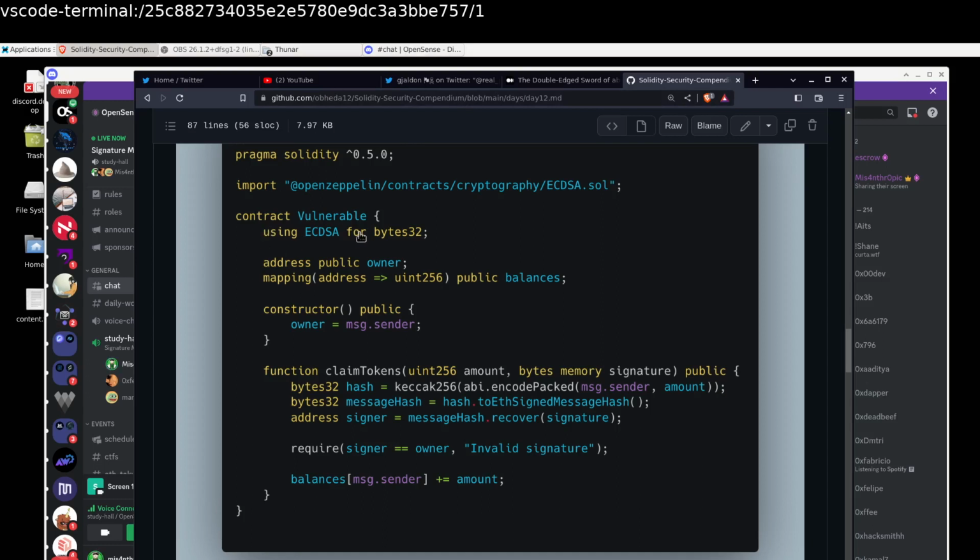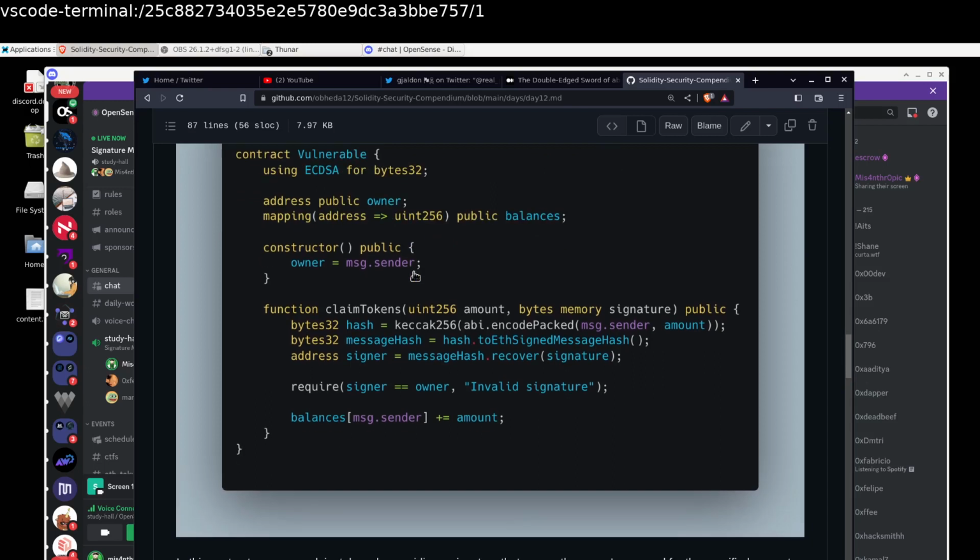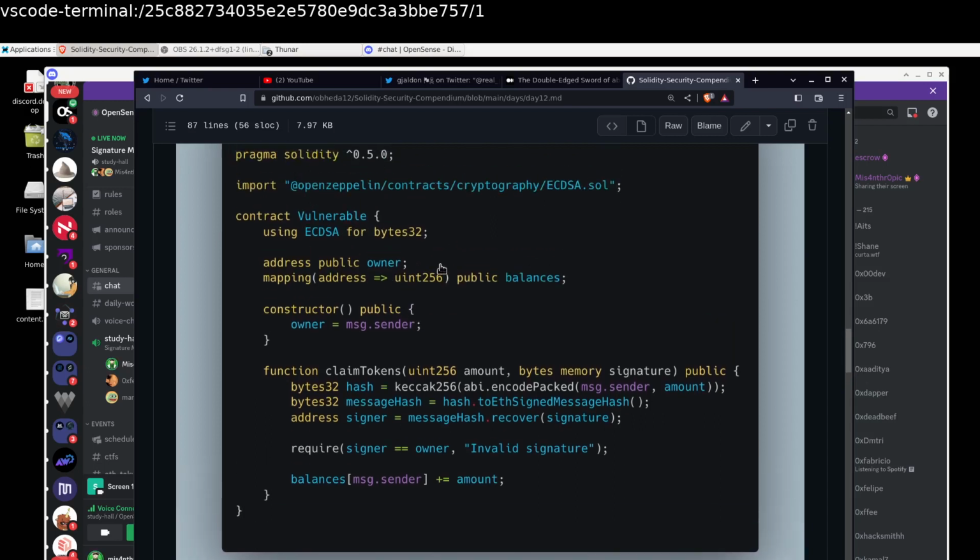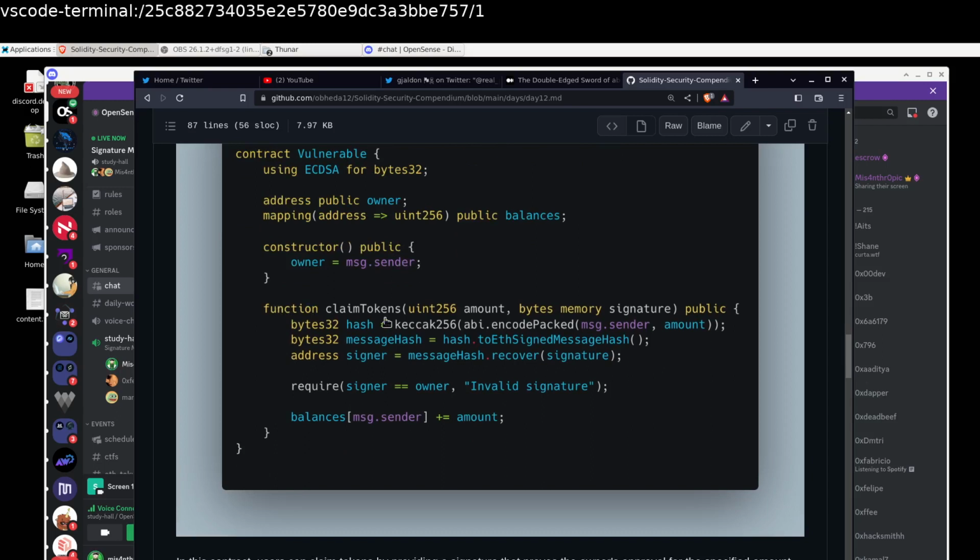First thing we have the type of the contract for bytes32, an address for the owner, balances, classic stuff, setting the owner in the constructor. Now function claimTokens. So we pass in the amount and the signature.